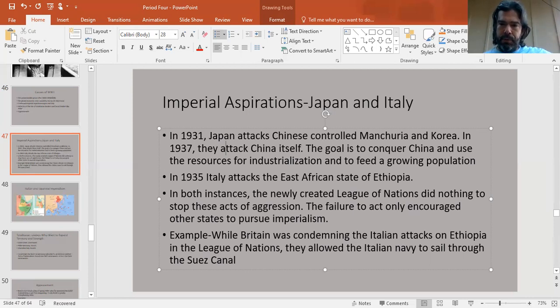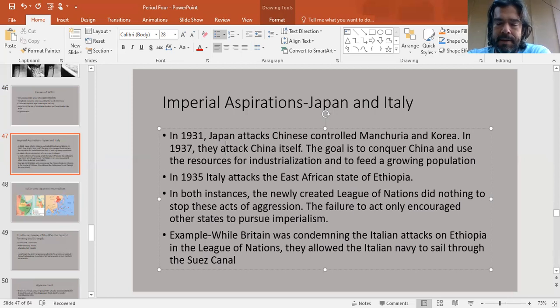And either way, the League of Nations is going to send a very strong message to states that might be interested in expansion through conquest. Either they're going to aggressively react and send a message that says this will not be tolerated, or they're not going to react strongly enough.